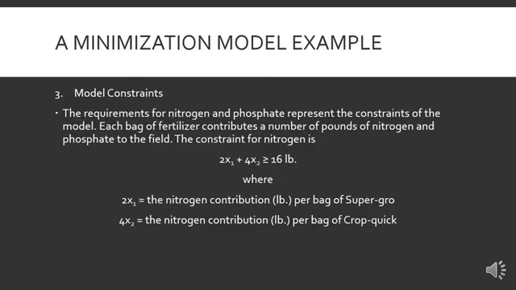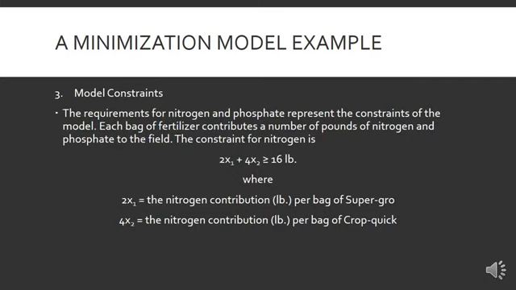Next, yung model constraints. The requirements for nitrogen and phosphate represent the constraints of the model. Each bag of fertilizer contributes a number of pounds of nitrogen and phosphate to the field. The constraint for nitrogen is, so 2x sub 1 plus 4x sub 2 is greater than, okay?